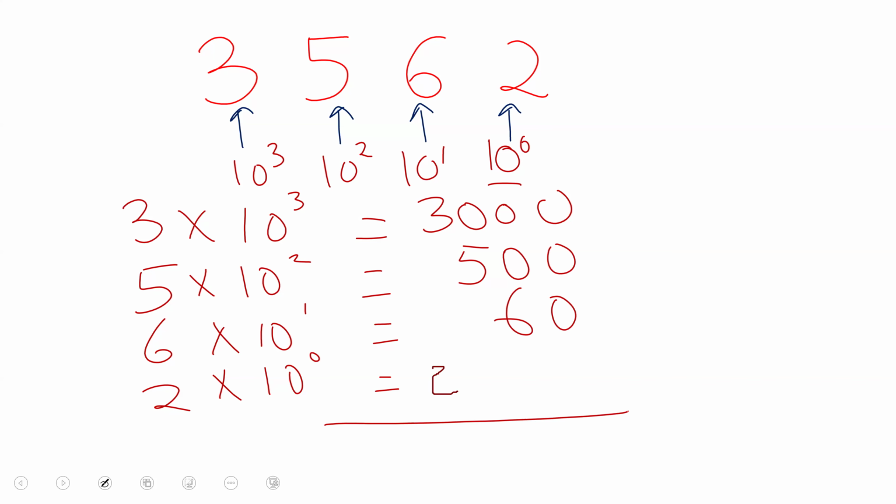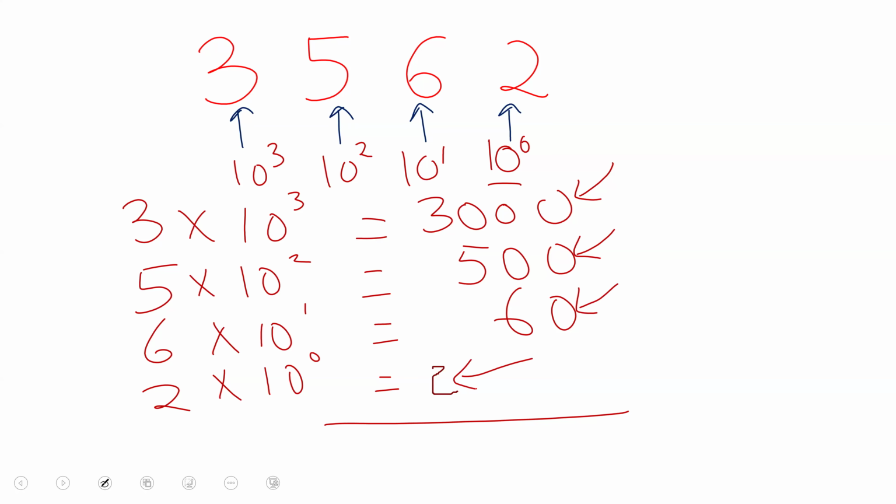So this now is what we can use as a proof that the 3 that we have is in the thousands position. The 5 that I have is in the hundreds position. The 6 that I have is in the tens position. And the 2 that I have is in the ones position. Why?